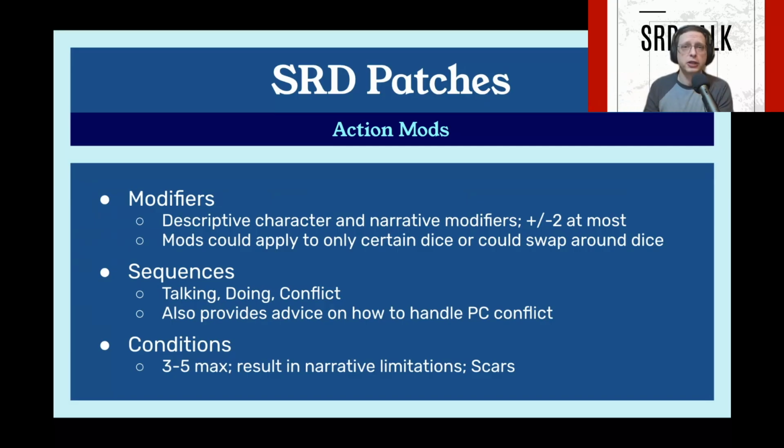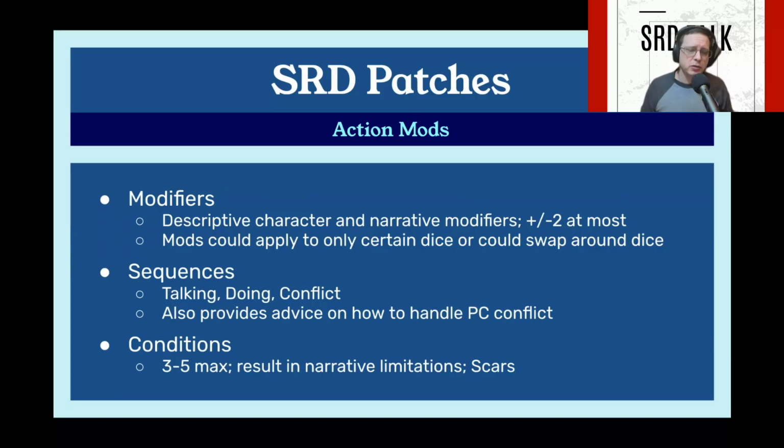For each turn, instead of doing your conflict action you could do two doing actions, or instead of doing any of your doing actions you could potentially do talking actions instead. It also provides some basic advice on how you might want to handle PC conflict, which is generally not necessarily the most common thing in narrative games, so that's pretty interesting.